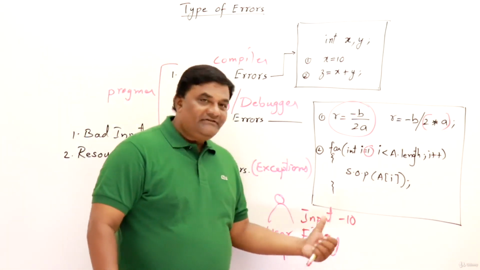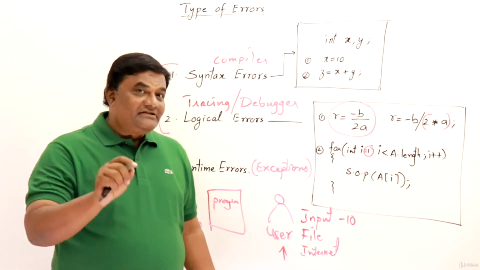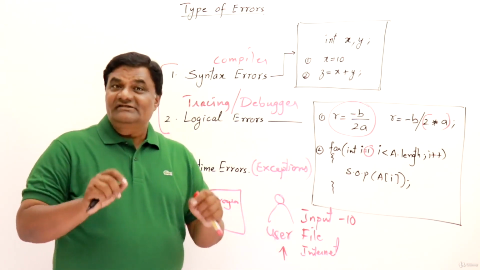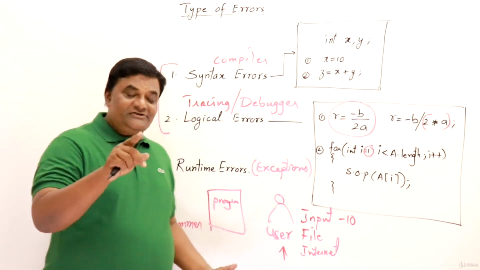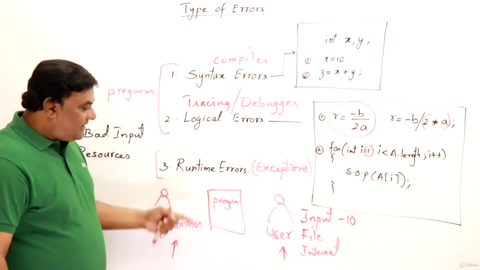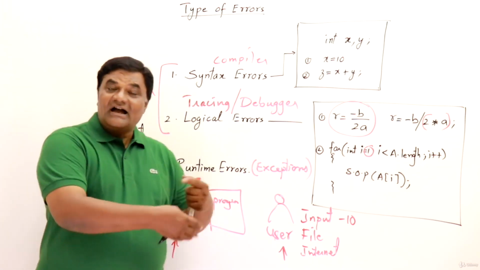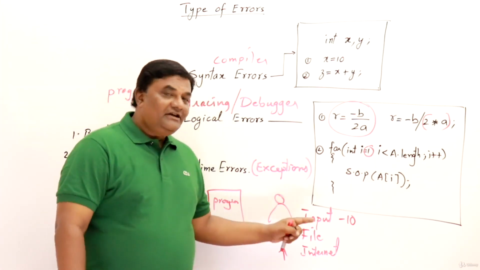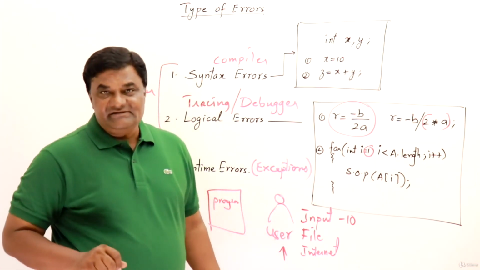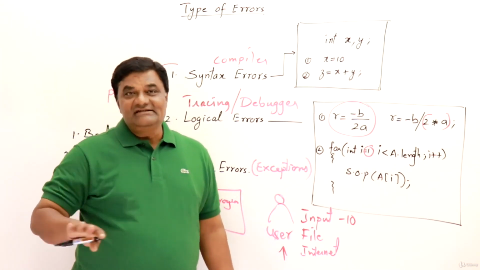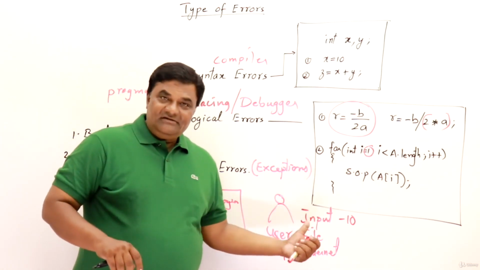If the file is not available, tell the user that the file is not found, please arrange the file. So just a message can be given and it should be done by the programmer inside the program. So runtime errors should be handled by the programmer so that the user gets proper messages and can use the program smoothly, easily, without any trouble.